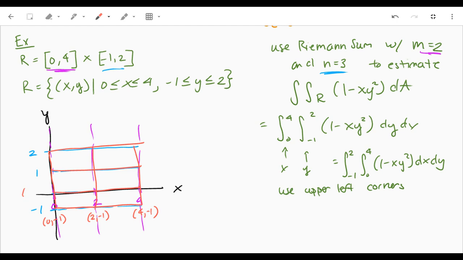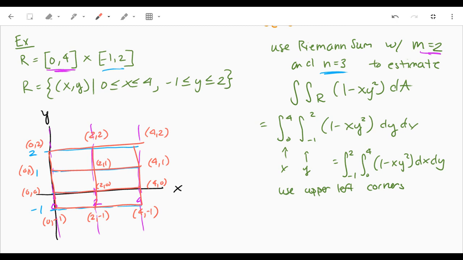Sorry, 0, 0, 0, 1, oops, 0, 2. And we've got 2, 2. And here we've got 4, 2. I'm going around the perimeter first here. 4, 1, 4, 0. And then on the inside here, we've got 2, 0, and 2, 1.